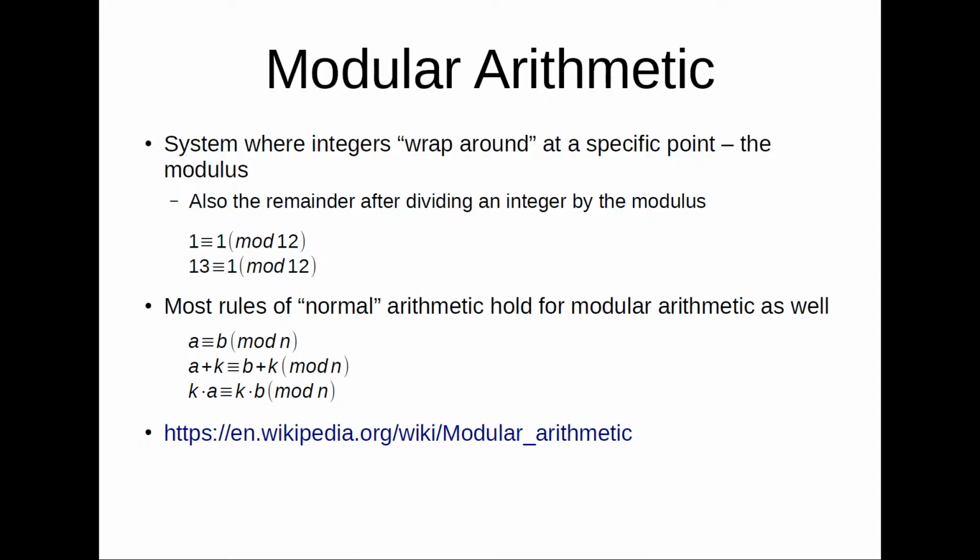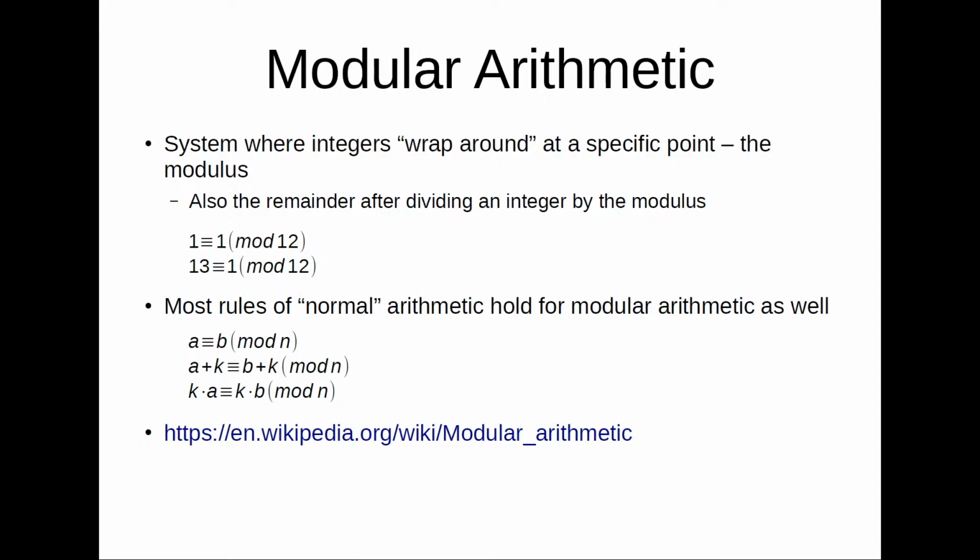Most of the rules of normal arithmetic hold for modular arithmetic. So if you have a number A, which is congruent to a number B mod n, then A plus K is congruent to B plus K mod n, and K times A is congruent to K times B mod n.